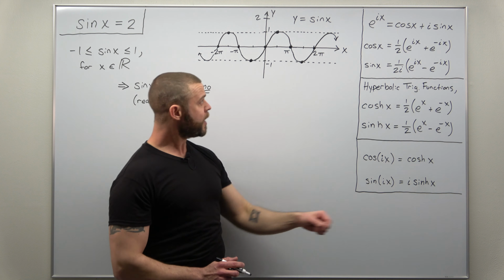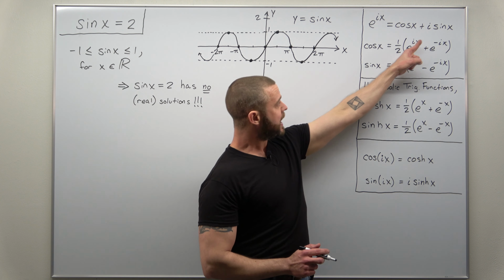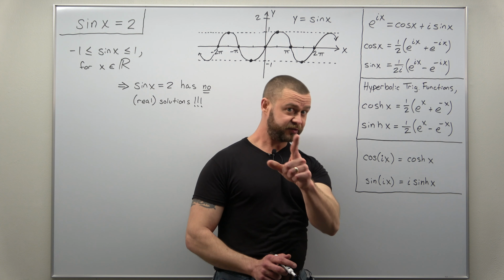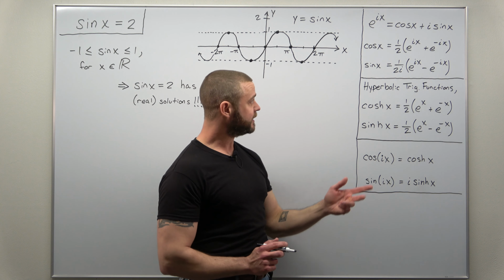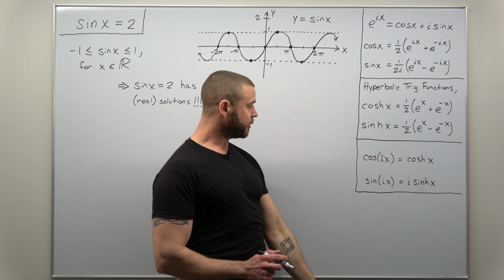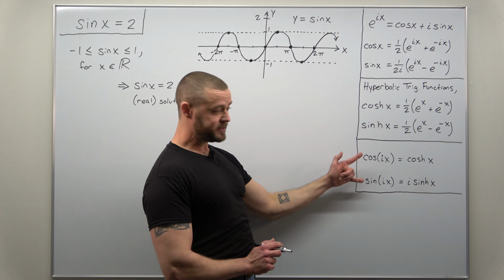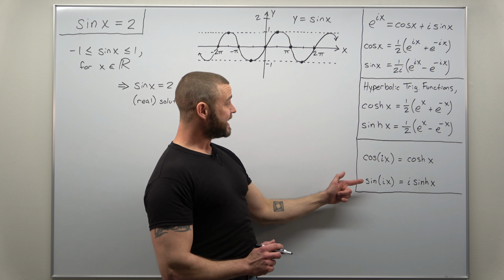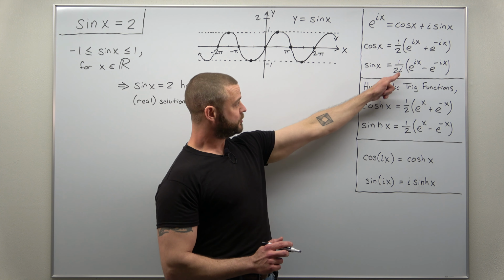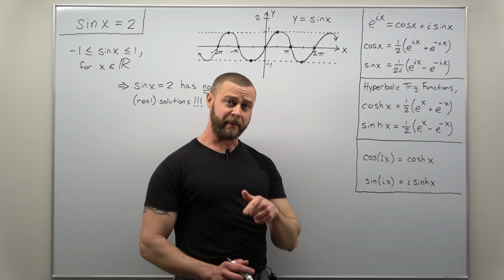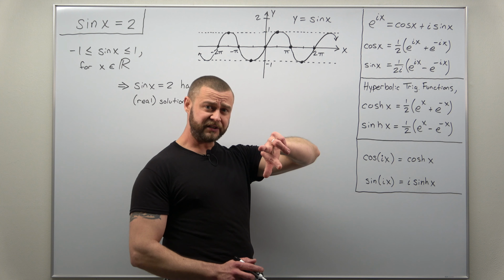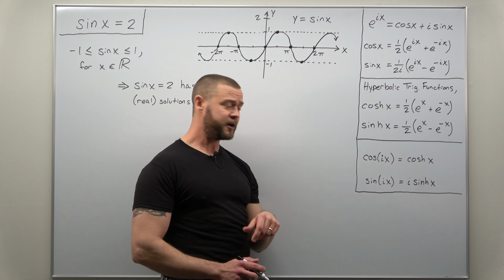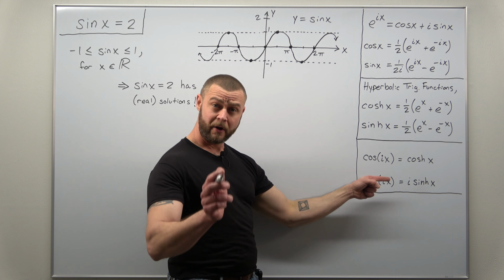The only thing you need to be aware of is that you're going to get i squareds in those exponentials, and i squared comes out to -1. Rearrange it a little bit, and you'll get these identities. The sine identity takes a little more work due to the factor of i in the denominator, but you can prove it by manipulating, getting rid of the i's in the denominator and putting them in the numerator, and you should get that with little effort.